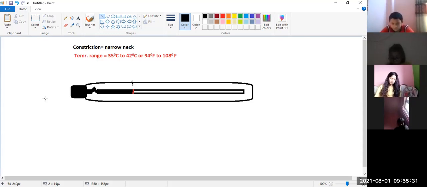In this way we can use the laboratory thermometer. And another thing is that in the laboratory thermometer there is no constriction. Look at the figure also, there is no constriction. But in the clinical thermometer there is a constriction near the neck, near the bulb. But there is no constriction in the capillary near the bulb in the laboratory thermometer.